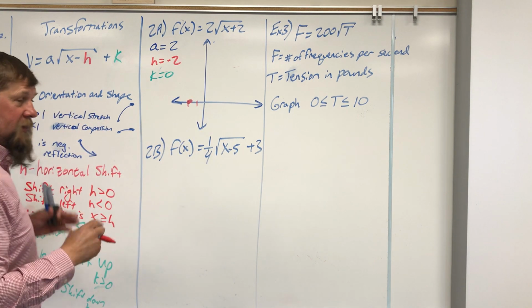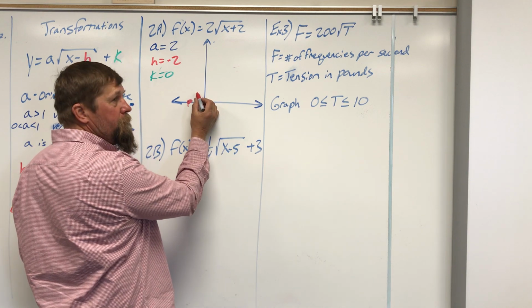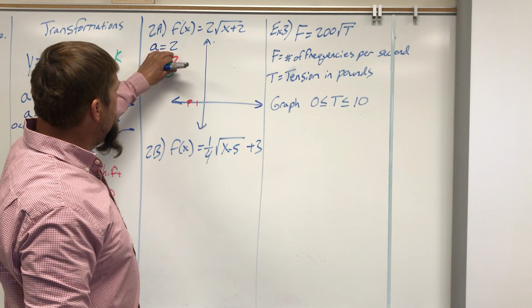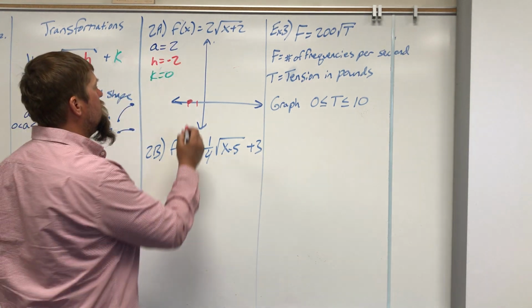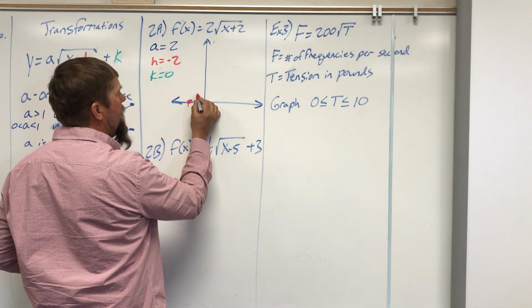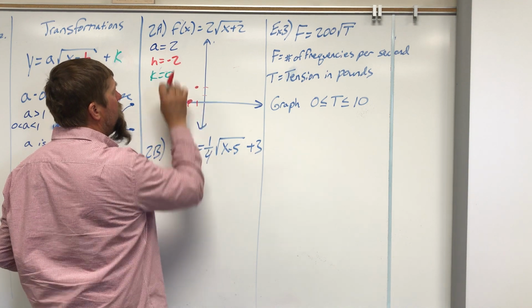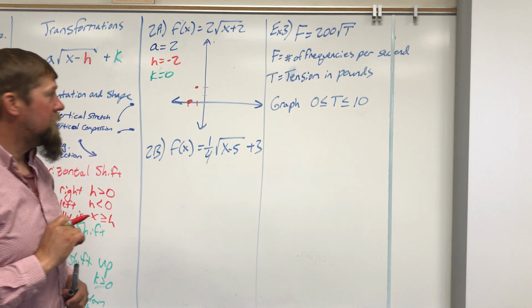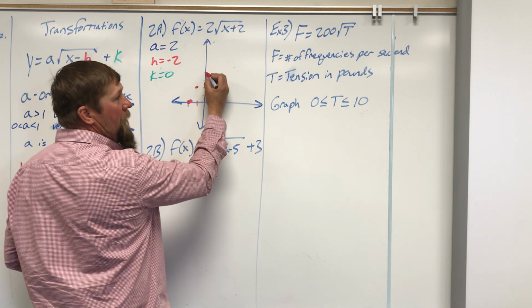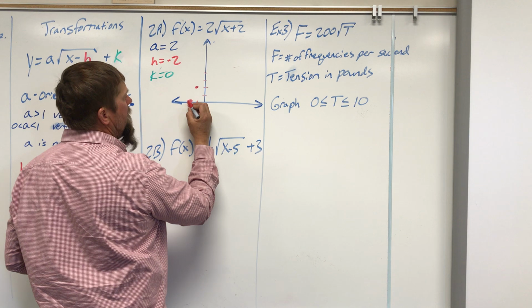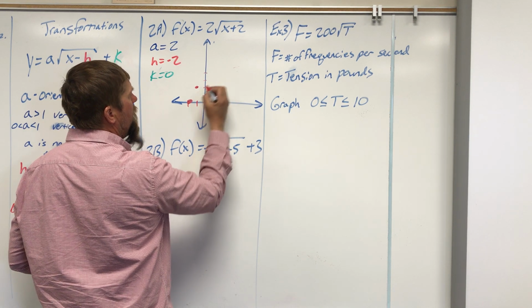Now, just like the parent function, we went over 1, up 1. But a multiplies the y value by that amount. So instead of going over 1, up 1, I am going to go over 1, up 2, because a doubles the y value. Over 4 up 2 is our parent function, but we're going to double it.